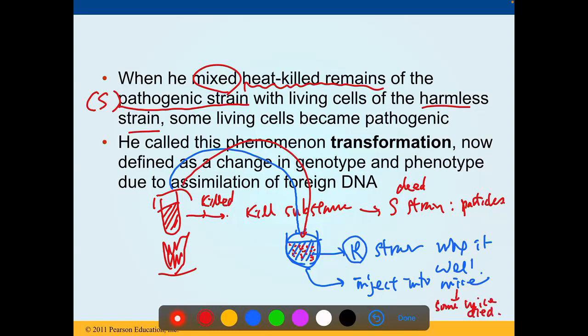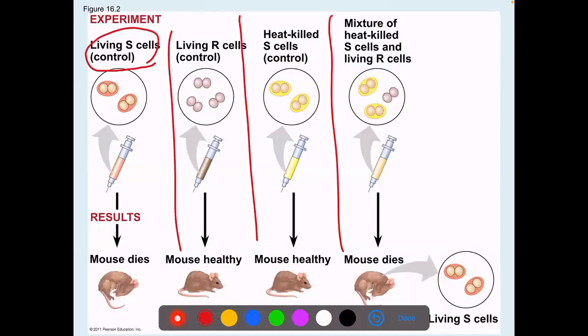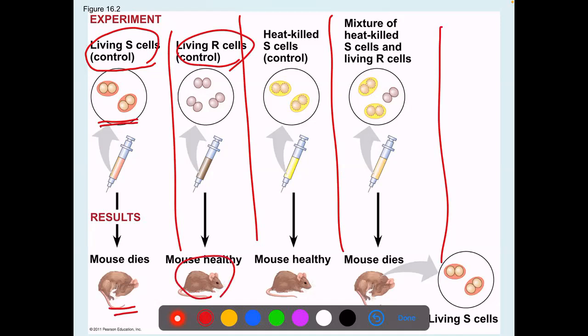So we'll have the figure here. So this is it. So this is the living S strain, and this is a separate individual experiment. Okay, right. So to demonstrate the virulence of this S strain, you inject them into the mouse, then the mouse will die. And then the R strain, rough strain, is a control. You inject them, and then the mouse will not die.